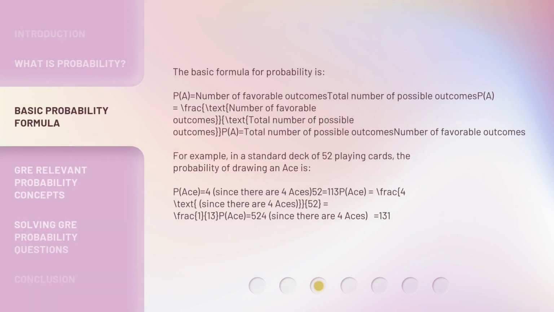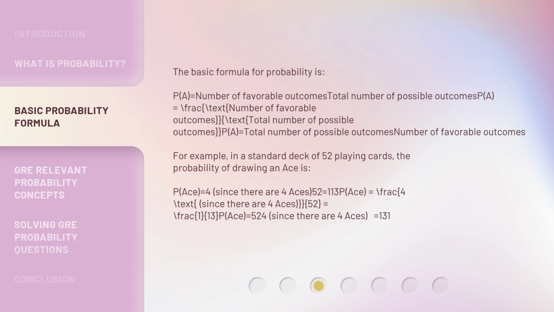The basic formula for probability is P(A) equals the number of favorable outcomes divided by the total number of possible outcomes.